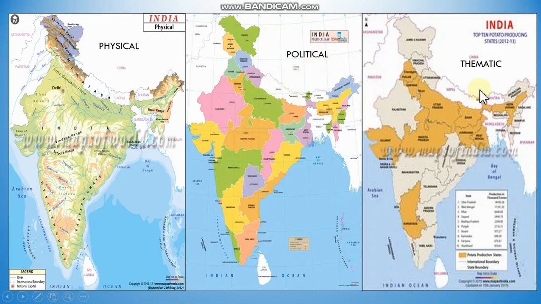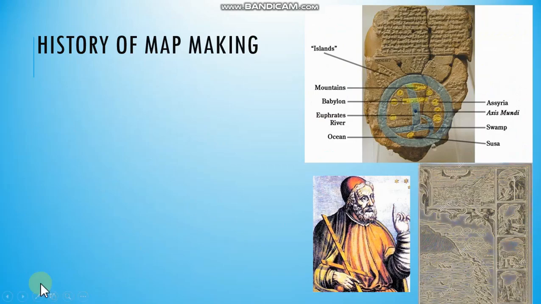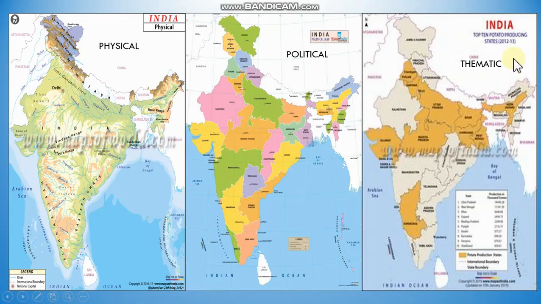Now we have thematic. Sorry, let us go back. This is an example showing top 10 potato producing states. So this is a theme to show top 10 potato producing states, and we have colored this.